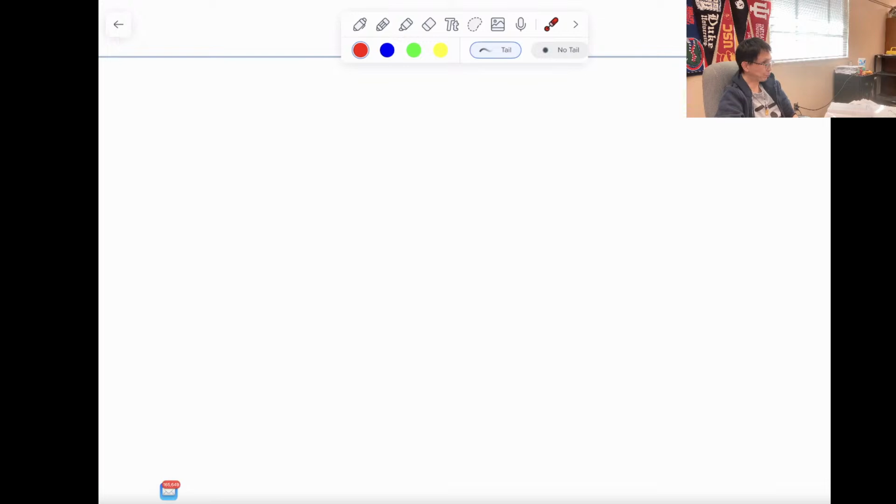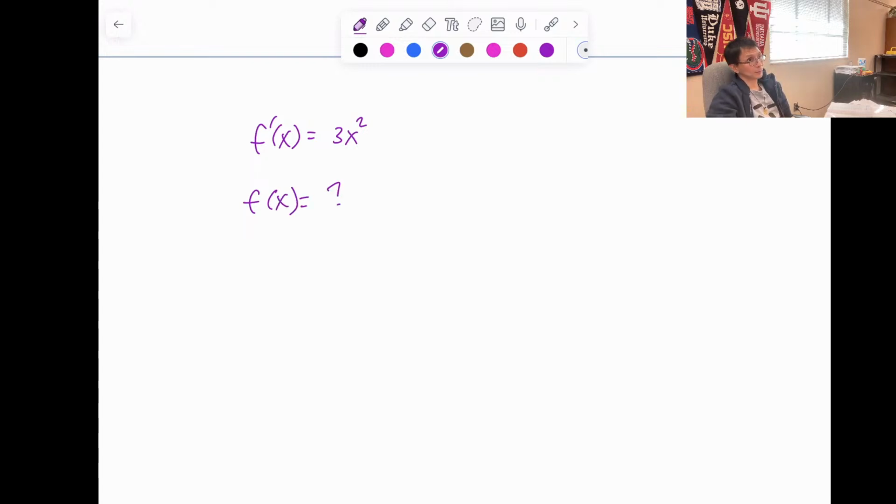Okay, so imagine that you have f prime of x equal to 3x squared. What do you think f of x is equal to? Without teaching you, you can probably figure it out.